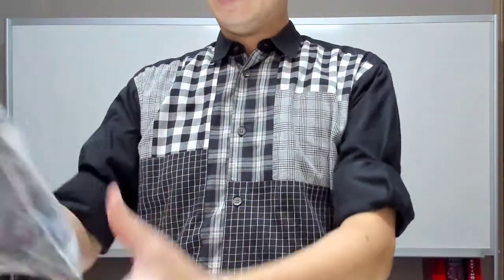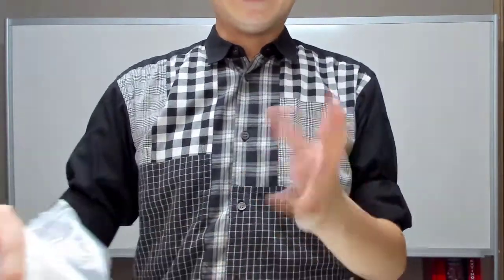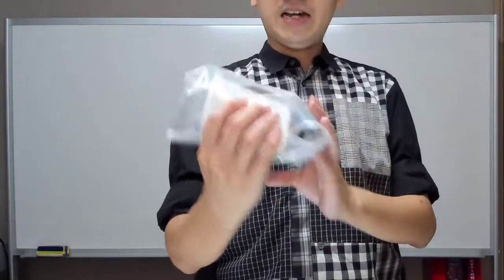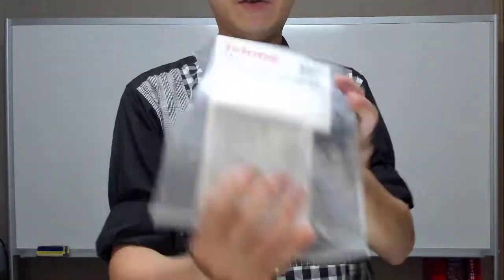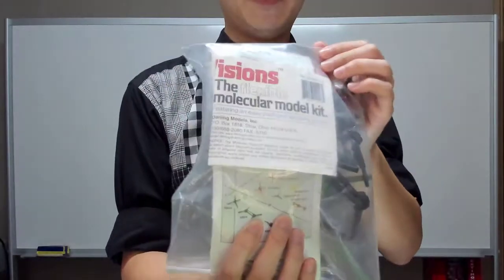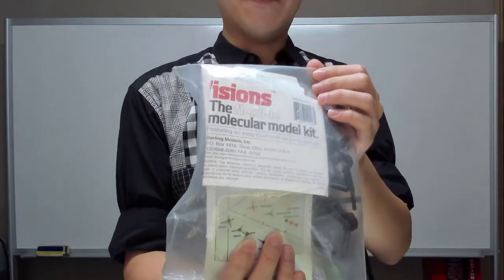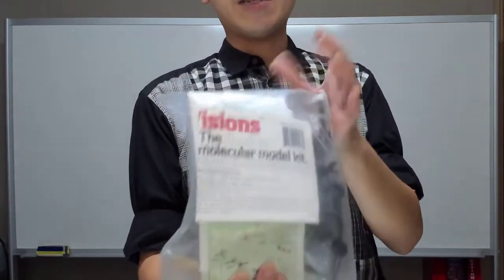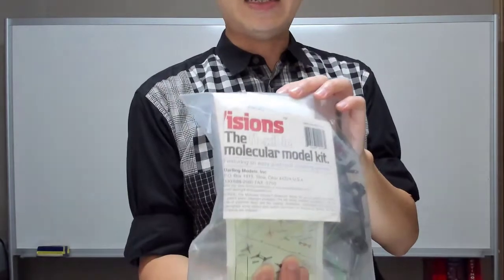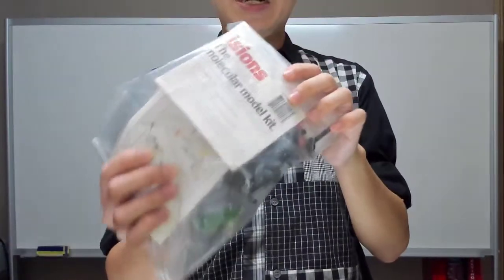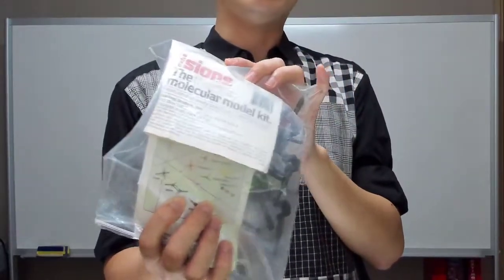So for the Darling model, it comes in two forms. It can be either a packet form, which will look like this. This is the cheaper version. If you Google www.darlingmodel.com or something along those lines, you should have a choice between either the packet form or the box form.